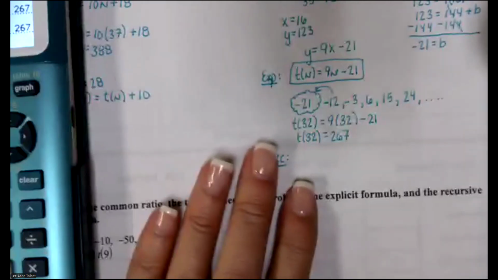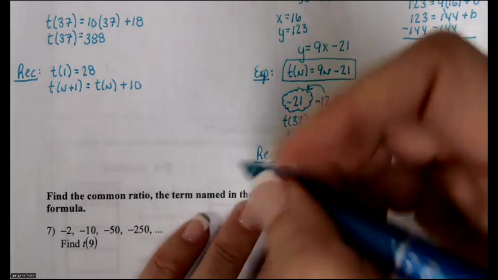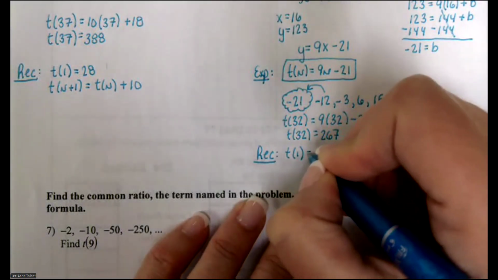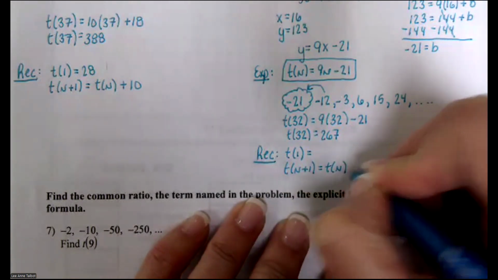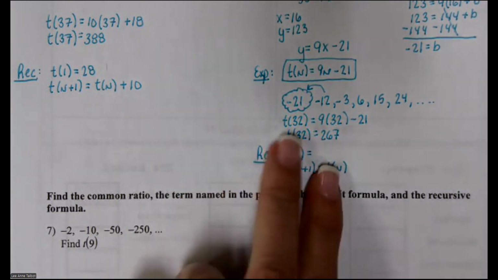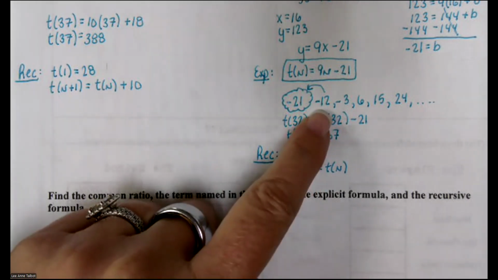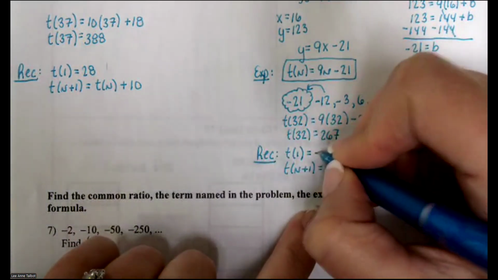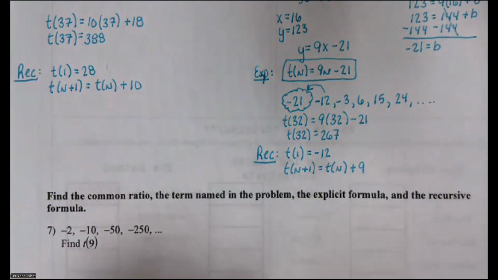And then the last thing I'm going to do is the recursive. Recursive starts the same every time. They look like this, no matter what problem you're on, every single time. And the first term is negative 12, and they're going up by 9 each time.